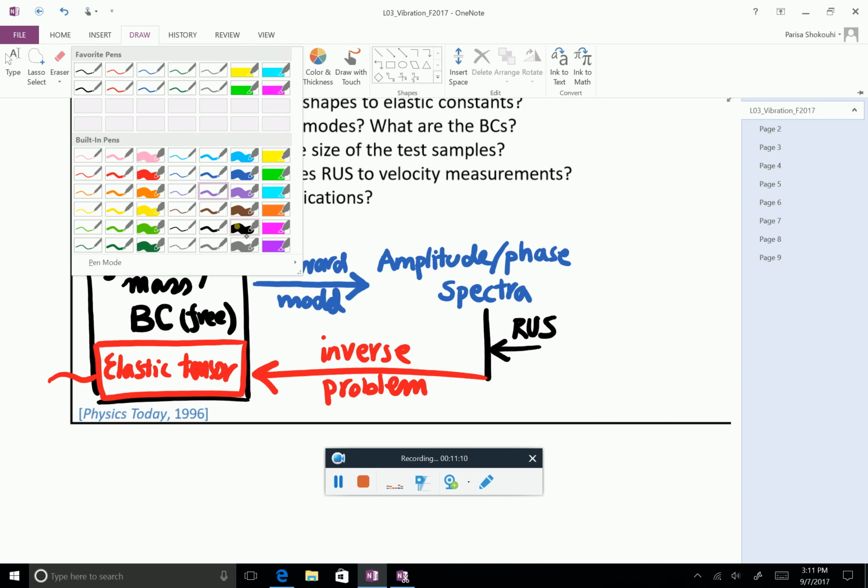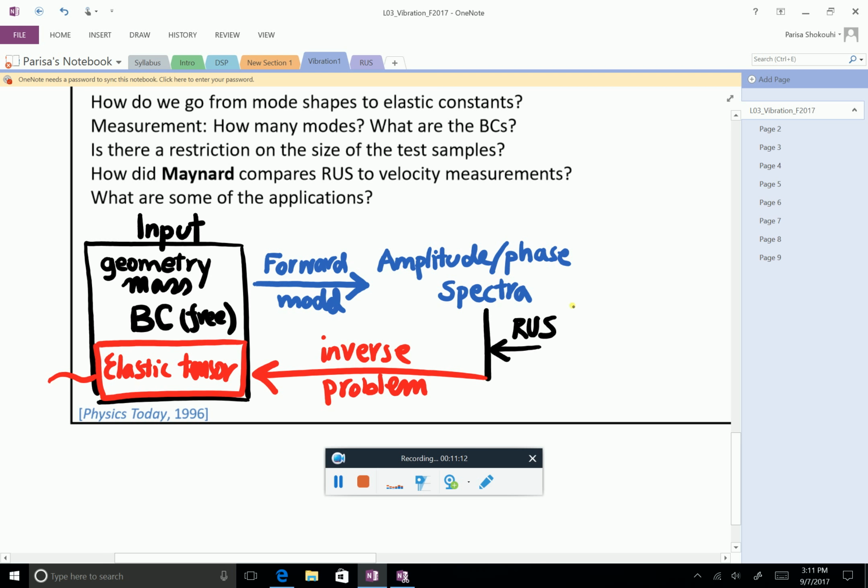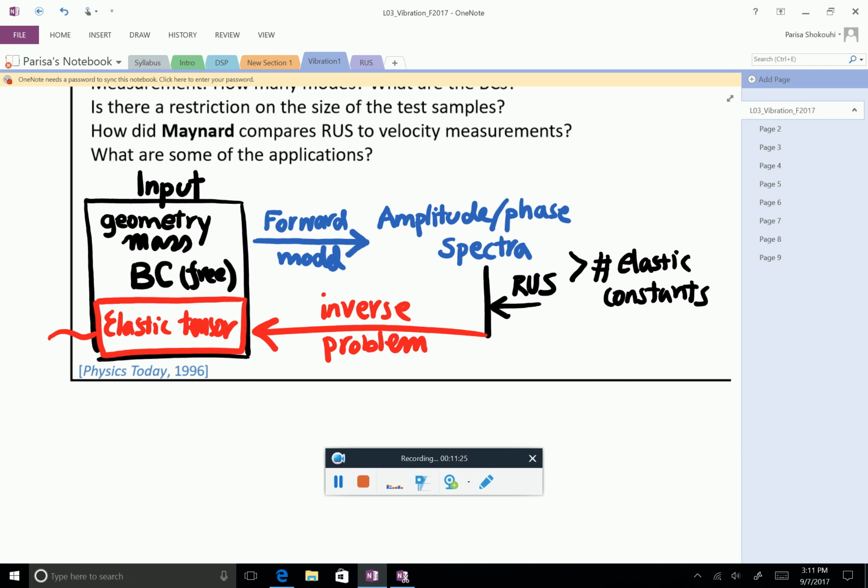You have redundant measurements, much more modes than elastic constants. So it becomes an optimization problem pretty much. You basically reduce the distance between your forward modeling results and the measurements, and then you get an estimation of the elastic constants.